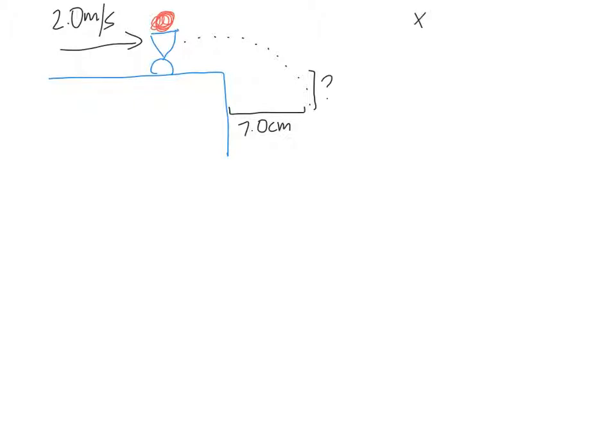Then let's list off to the side our variables, x and y. This 2.0 meters per second is in the horizontal direction, and therefore that is our x velocity. We're also given a distance in the x direction, 7.0 centimeters.